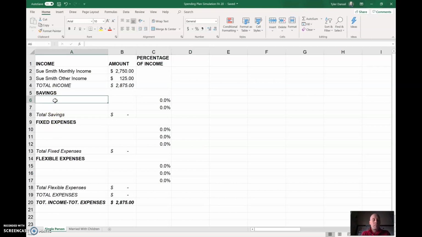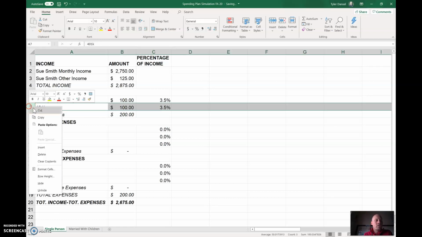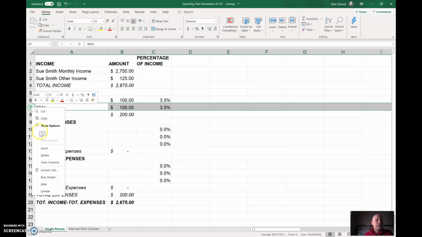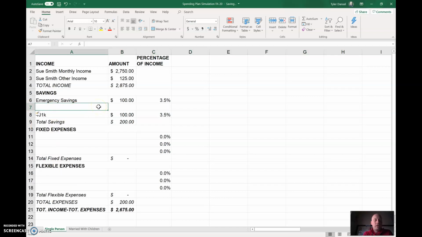So for example, for Sue Smith, if we decide she's going to save $100 a month on emergency savings and $100 a month in a 401k, but you also want her to have a Roth IRA, if you right-click on these row headings, you can go to Insert, and it will add a row above.